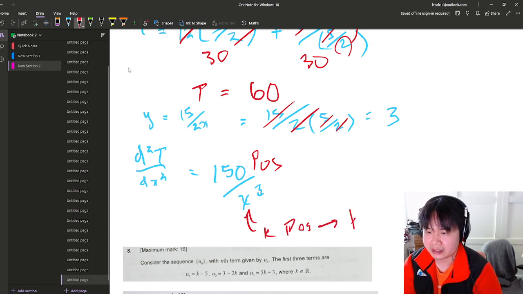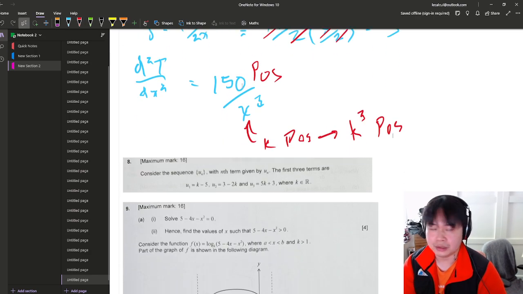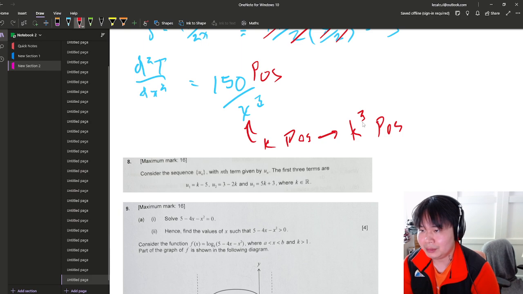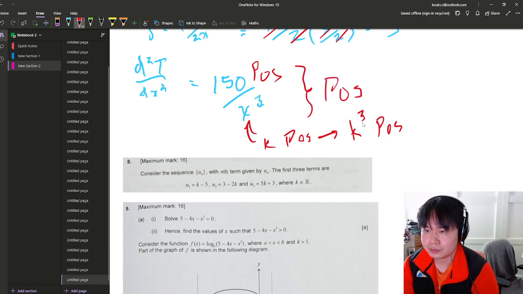That means that k cubed is positive. So positive number divided by a positive number, this is going to be positive. The whole thing. That means that we're concave up, so we have a minimum.